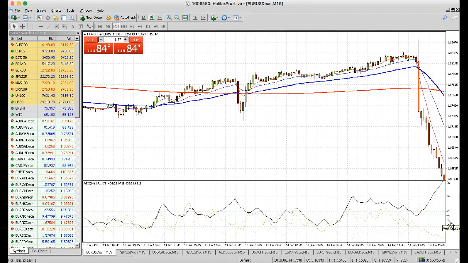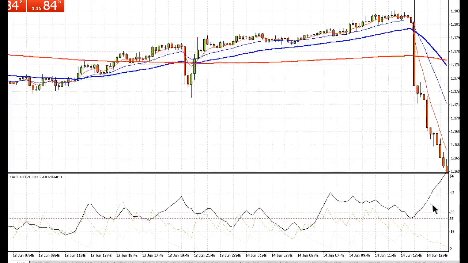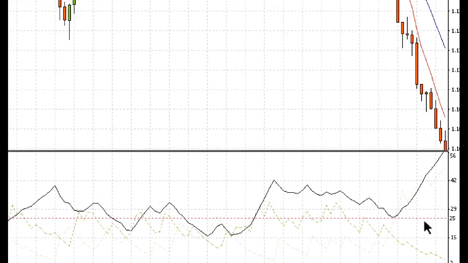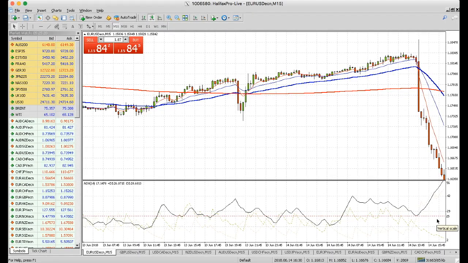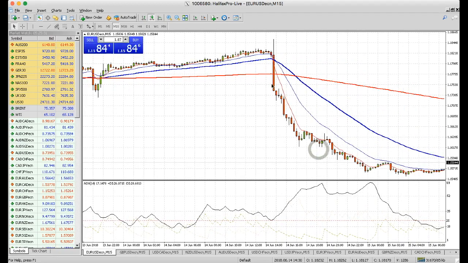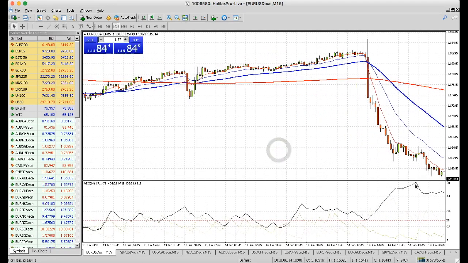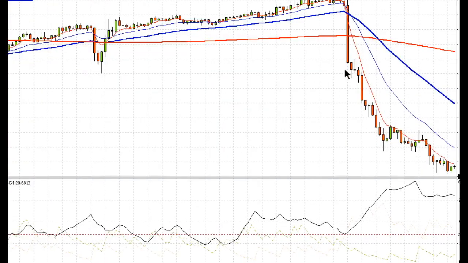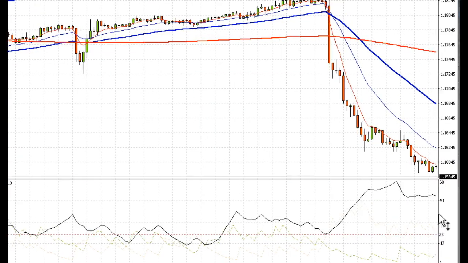Now why 25? Here's the simple gist of it. Whenever the black line is above 25, it tells you it's a strong trend. Again, it could be a strong uptrend or a strong downtrend. It doesn't matter. So over here, you can see that the trend is going down, and the ADX, which is the black line, is above 25.